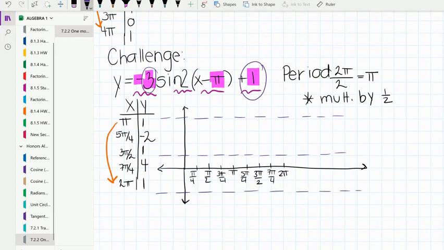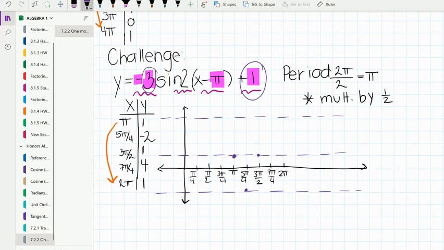Okay, so from here, we're going to go ahead and plot the points. So we have (pi, 1), (5 pi over 4, -2), (3 pi over 2, 1), (7 pi over 4, 4). I did not mean to put that there.